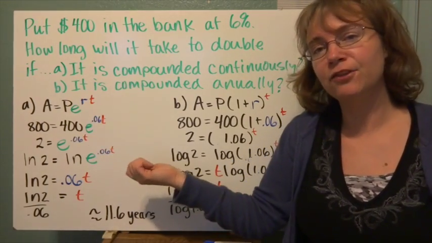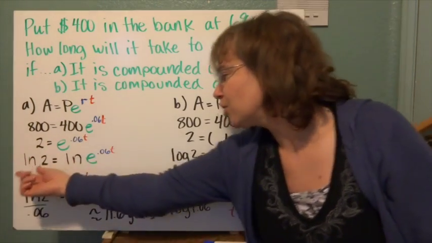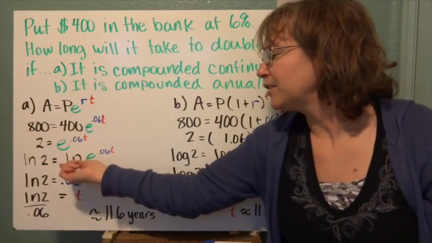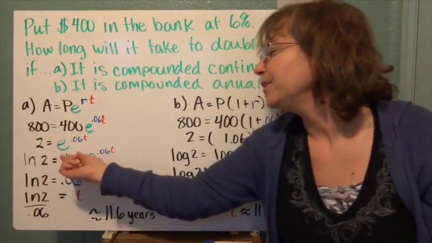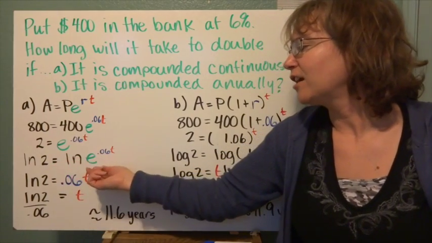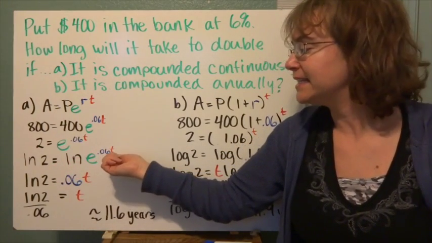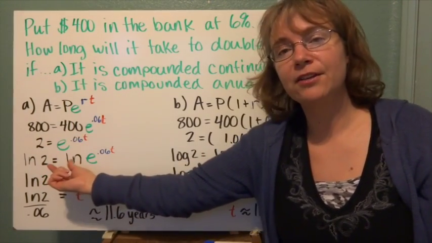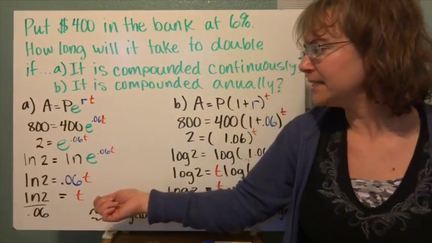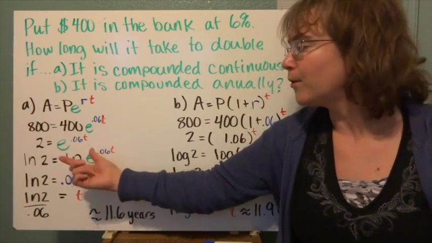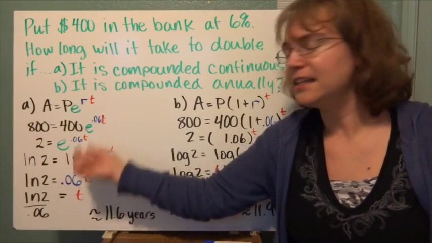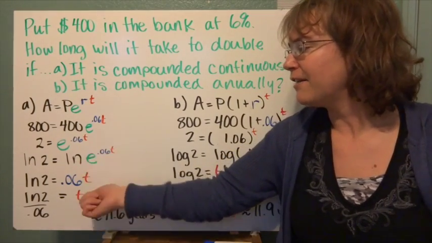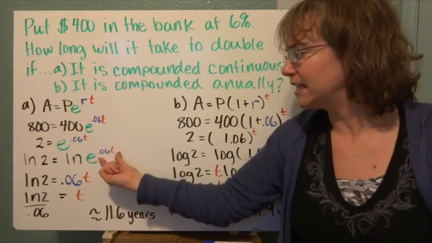Now this time, instead of writing it in logarithmic form, I just took the log of both sides. So the natural log of 2 equals the natural log of e to the 0.06t. So then I'm going to take that exponent and I'm going to bring it out in front like I can with logarithmic properties. I notice that ln of e is log base e of e, and I can see that I have matching bases, it's just this.